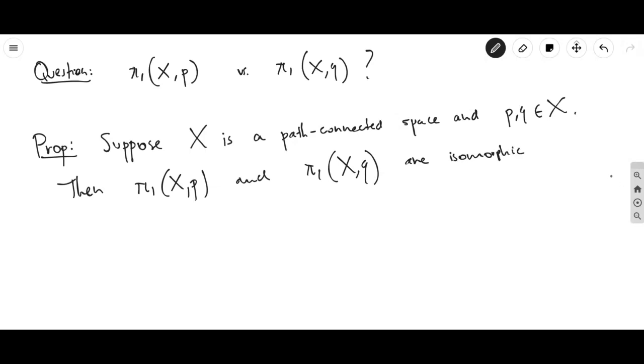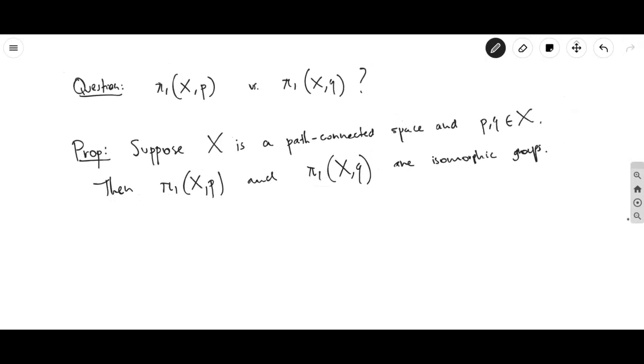So as groups, they're not really that different. So here's how we prove it. It's actually a fairly nice proof. And after this proof is finished, we can look at some important examples to know.